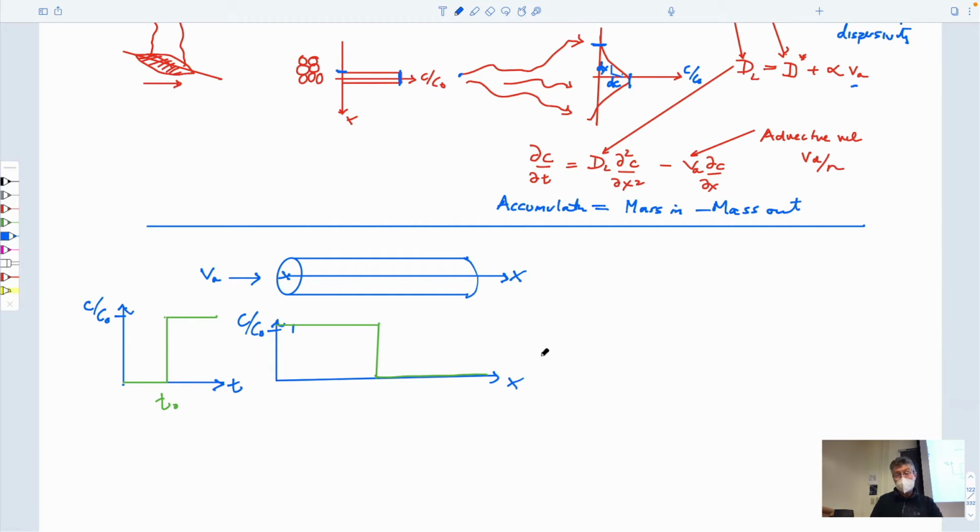And the residence time distribution, which you dealt with in your first assignment, even though you didn't completely have the tools to do it, the residence time distribution in terms of time and C over C0 would look like this. And that's for the idealized case of plug flow.